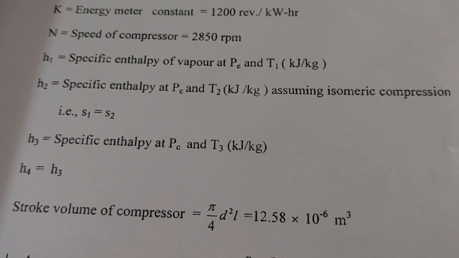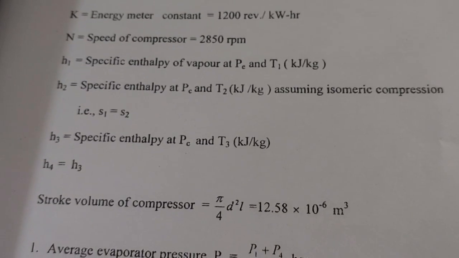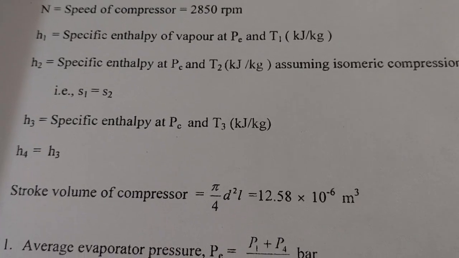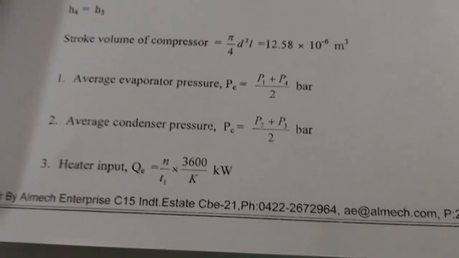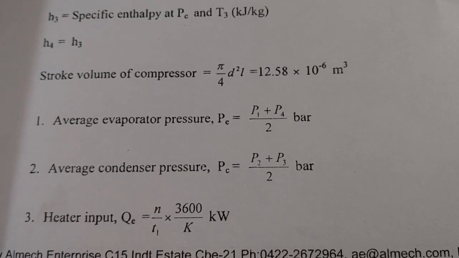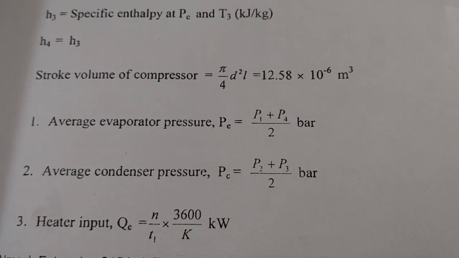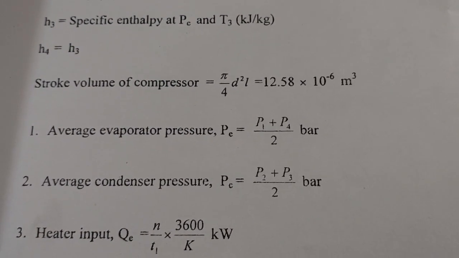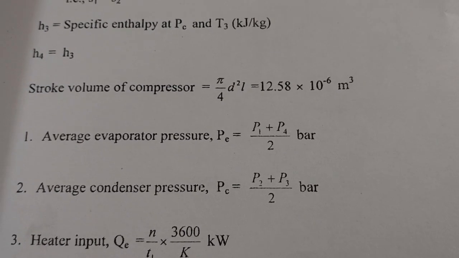H3 is the specific enthalpy at PC and T3, and H4 can be taken as equal to H3. The stroke volume of the compressor is pi by 4 d square into L. The average evaporator pressure PE is P1 plus P4 divided by 2, and the average condenser pressure PC is P2 plus P3 divided by 2.